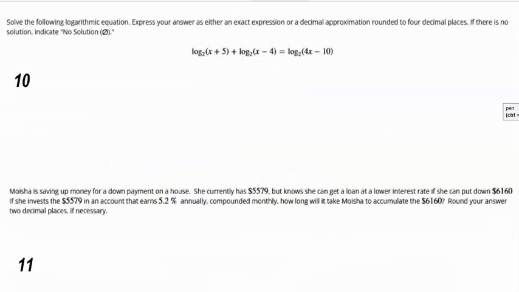Now, for item 10, as we look at it, we see it's in its log form. And this indicates multiplication of these. And in a sense, if we just divide everything by log base 2, we end up with x plus 5 times x minus 4 equals 4x minus 10.